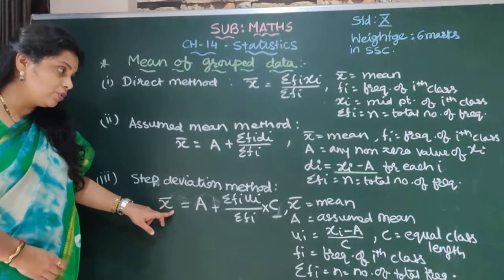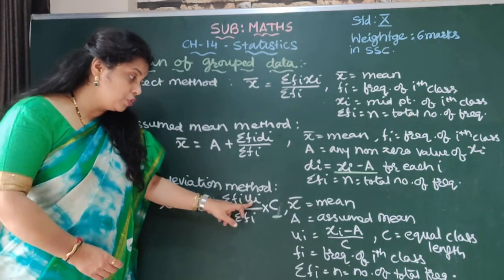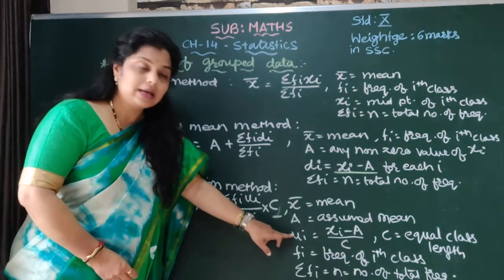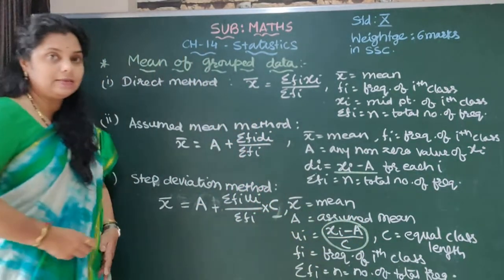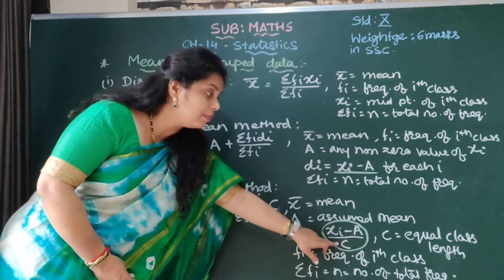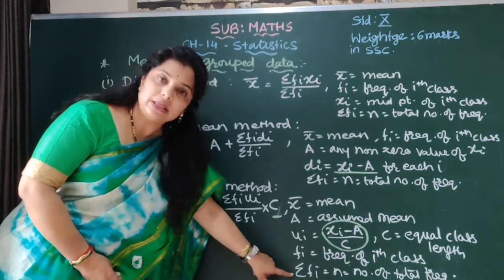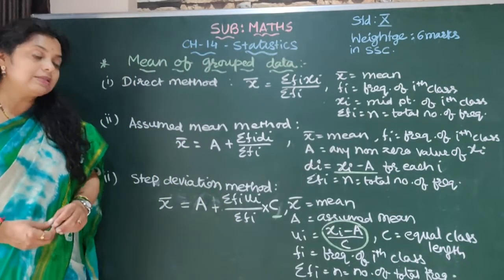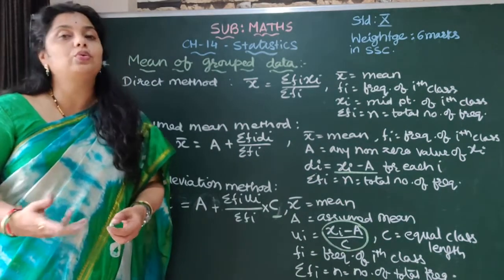Now x bar as usual mean, A is assumed mean. Now what is ui? Ui is xi minus A by C. And then fi is as usual frequency. Sigma fi is small n, which is a number of total frequency.